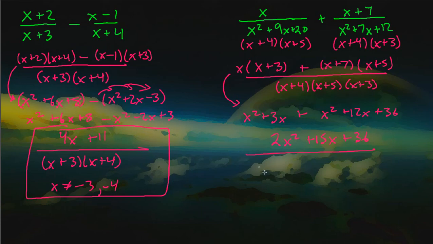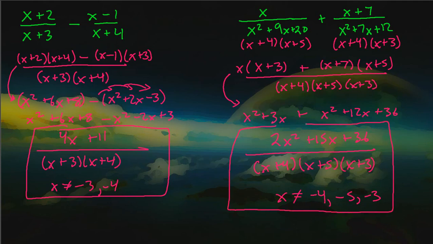And then I'll put back my denominator. And again, we would note we can't have negative 4, negative 5, or negative 3 as the value of x, because that screws up our denominator. Again, if I could factor this numerator, to see if anything cancels down here, I would do so, but it does not.